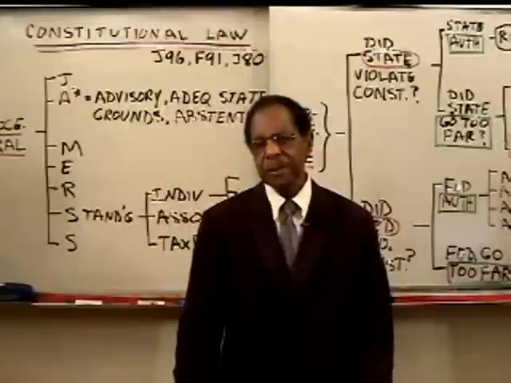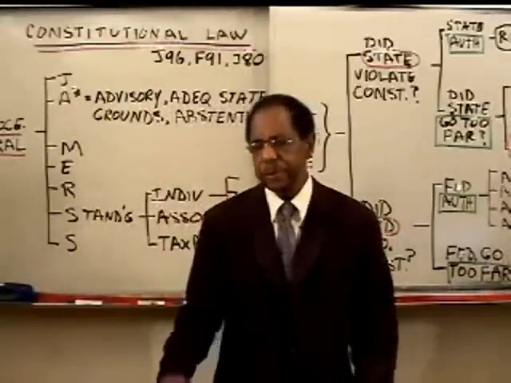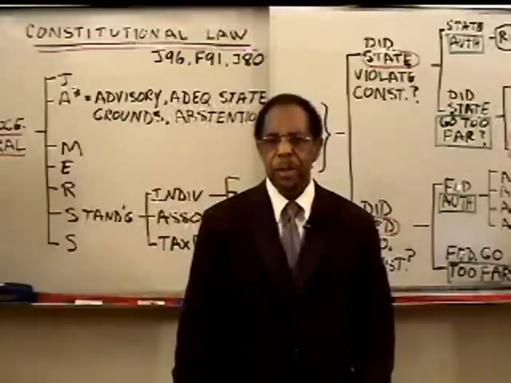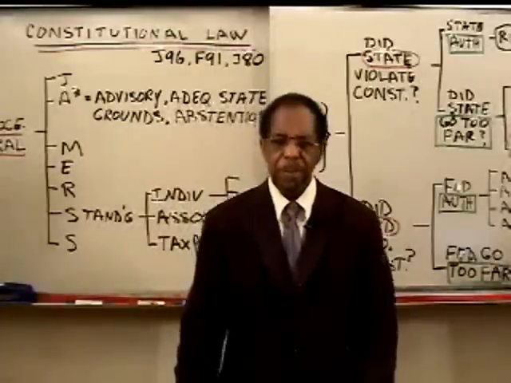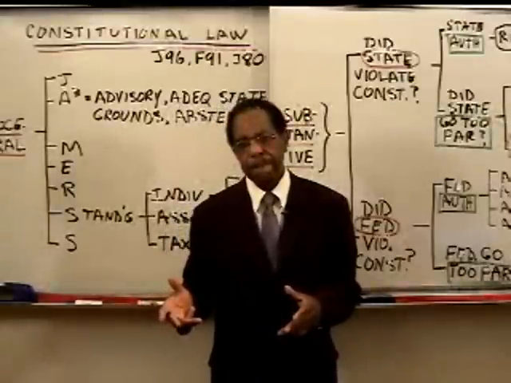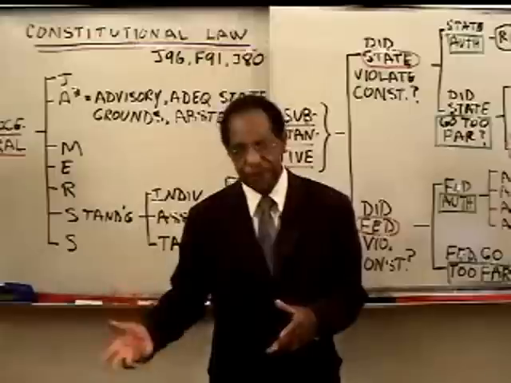You are expected to show that the litigant, the plaintiff in the lawsuit, has standing. Remember that in these con law problems, the state or the federal government is always the defendant.